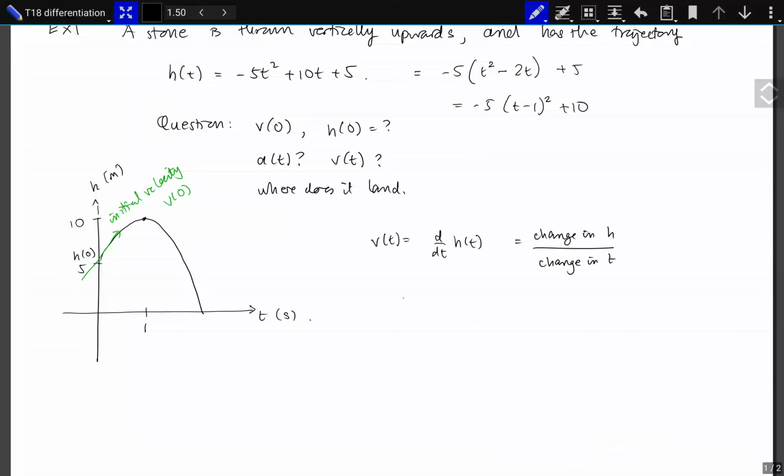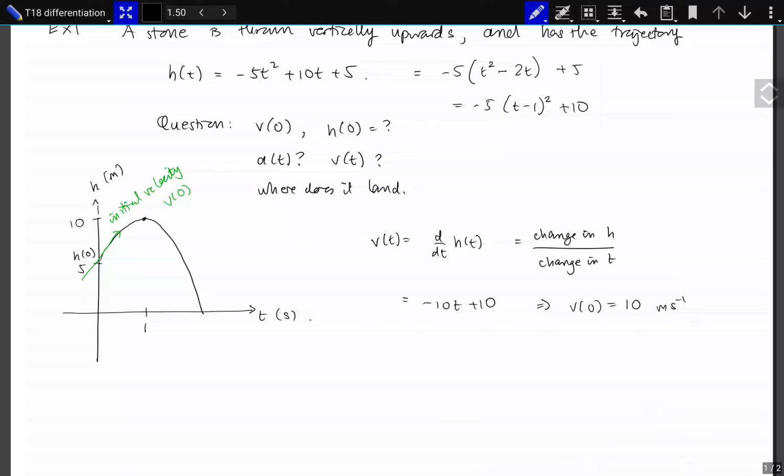Here, if we take the derivative with respect to t, we get minus 10t plus 10, and that immediately implies that v0 is 10 meters per second. Notice the units. I should say that previously h of 0 is the evaluation, and we already said that's 5.